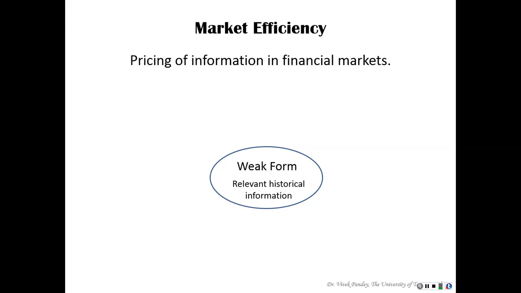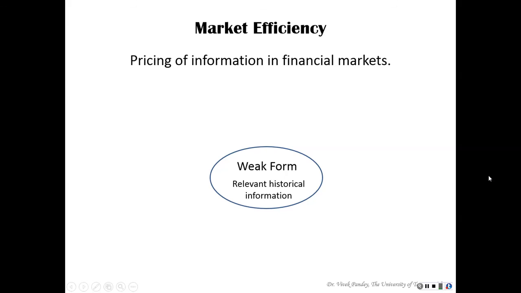But how quickly does that happen? It has much to do with the notion of market efficiency. So the lowest form of market efficiency is weak form efficiency. And it says that you can't really use any information from the past to come up with the new value of the stock tomorrow.